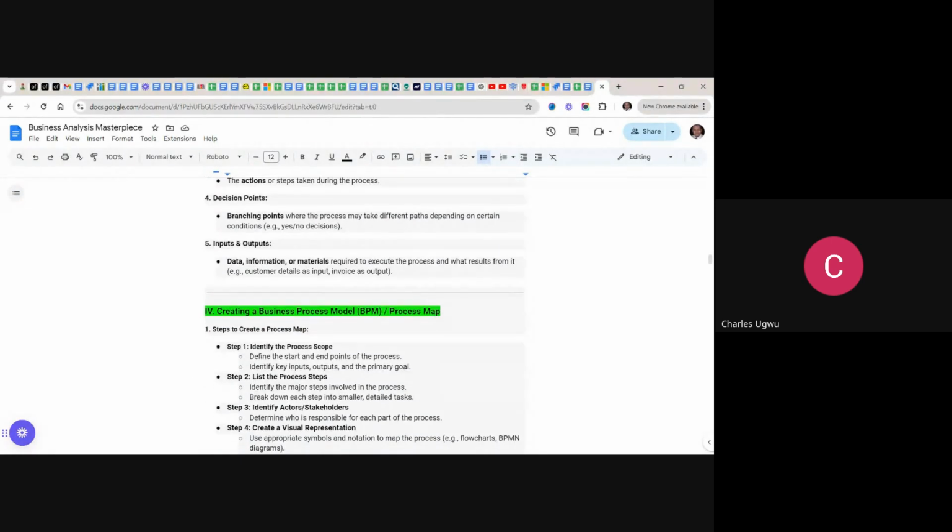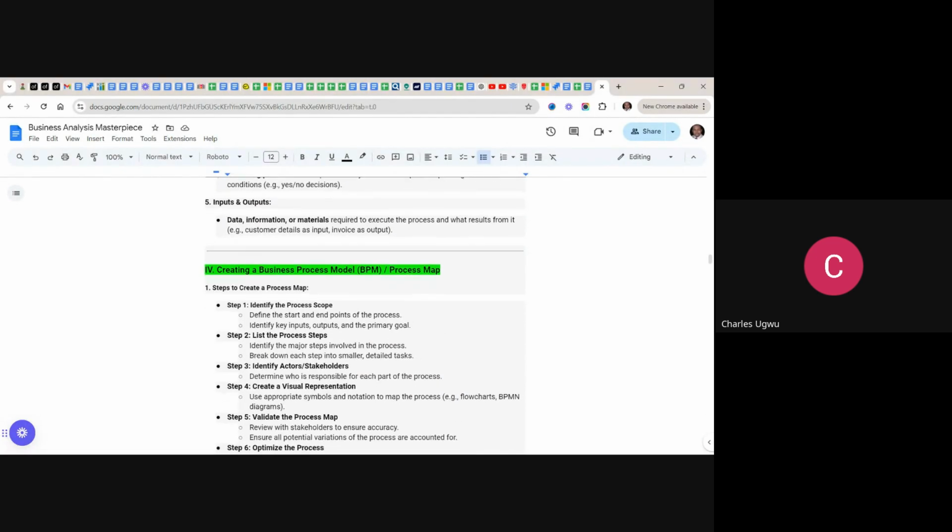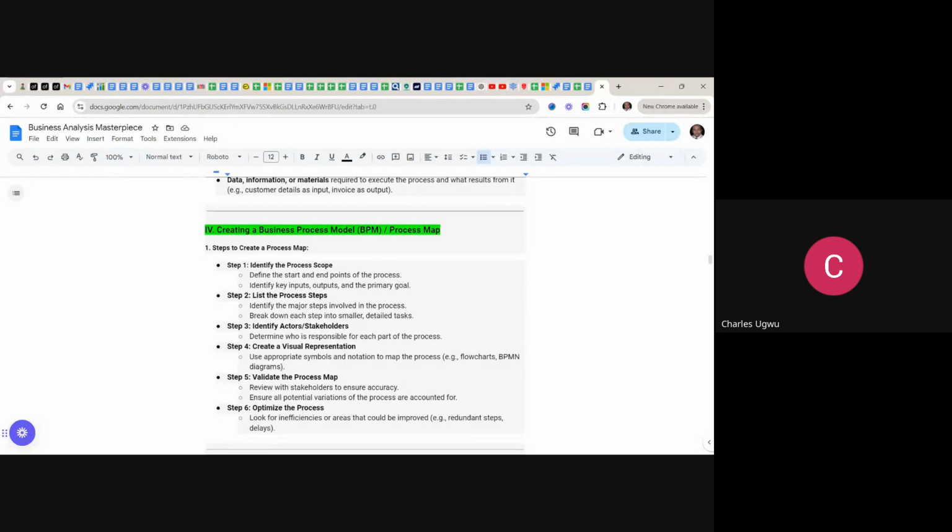Okay, let's look at what to do if we're planning to create a process map using business process modeling. Here are the various steps we can apply. Number 1 is to identify the process: define the start and end point of every process, and identify key input and output and the primary goal.